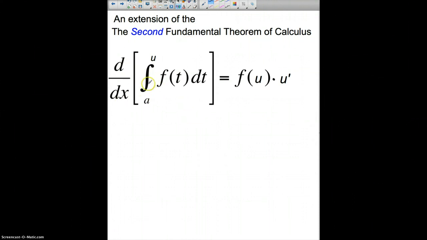If you're taking the derivative of an integral of a function from a constant to not just x, but a whole function, so anything more complicated than x, like x squared or 2x or x squared plus 5x minus 7, anything other than just plain old x, then the derivative of the integral of that function from a to u is that function with u plugged into the outside function, times the derivative of u. So times the derivative of this thing here.